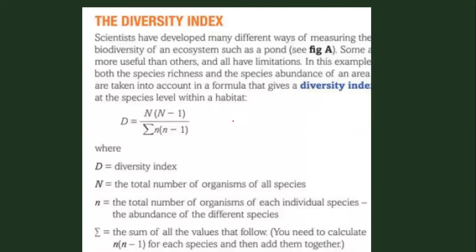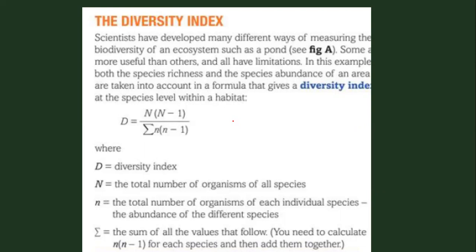Now, what about calculating our biodiversity? These were different techniques that we were using, but what about our actual calculation? The actual calculation can be done using something known as the diversity index. What is our diversity index? D equals N(N minus 1) divided by the sum of n(n minus 1).